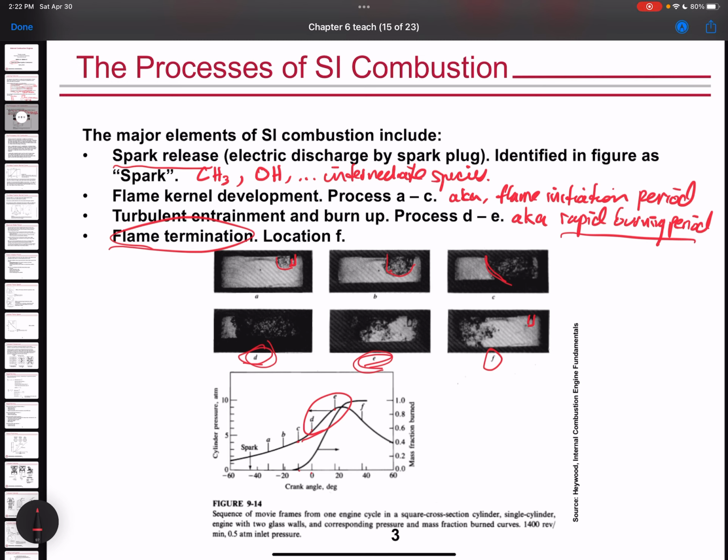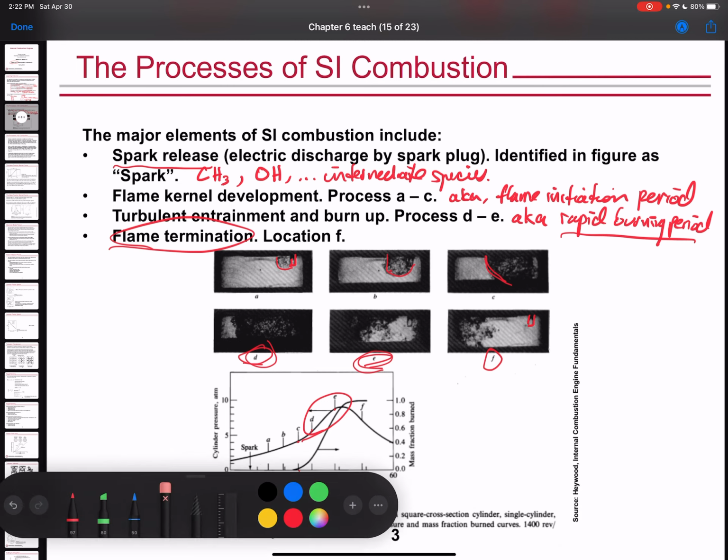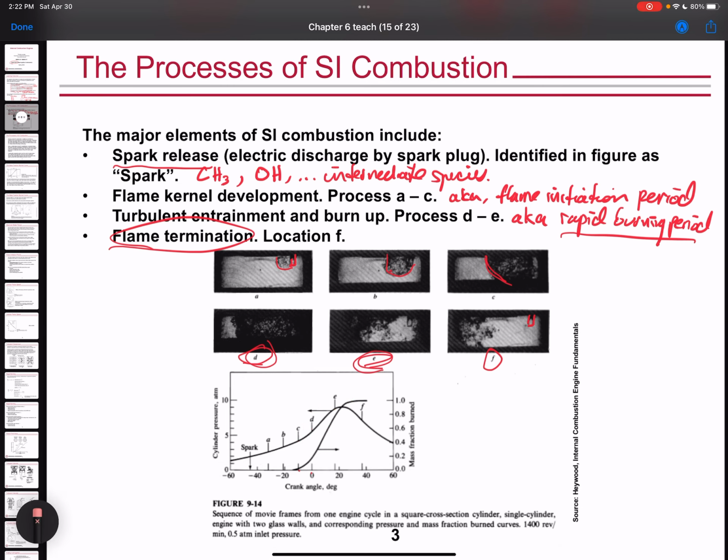But then the storm basically blows out of the area, right? And then you have this calm clearness after the storm, and that's basically, to some extent, what image F is showing us.